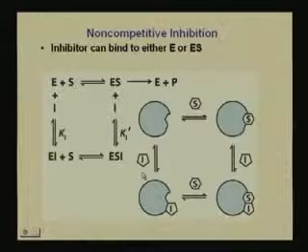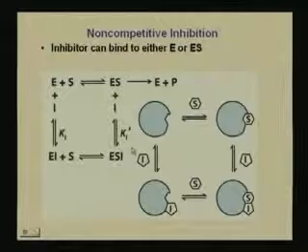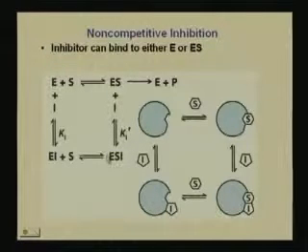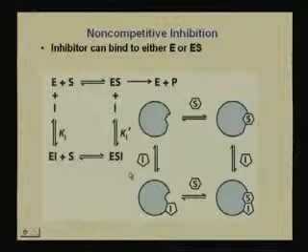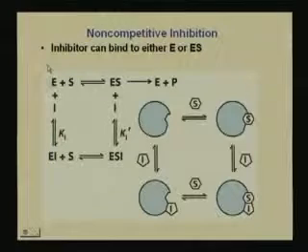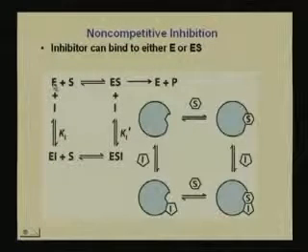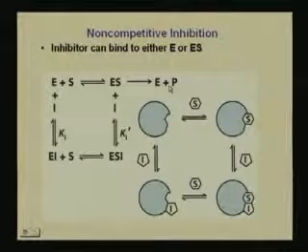In competitive inhibition, we did not have this extra part here. So, we do not have a ternary complex in competitive inhibition. But in non-competitive inhibition, what does this do? It affects the formation of the product.